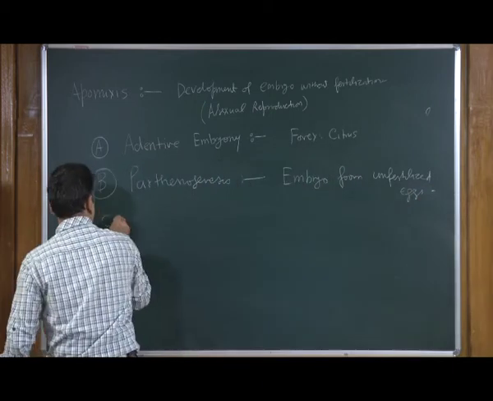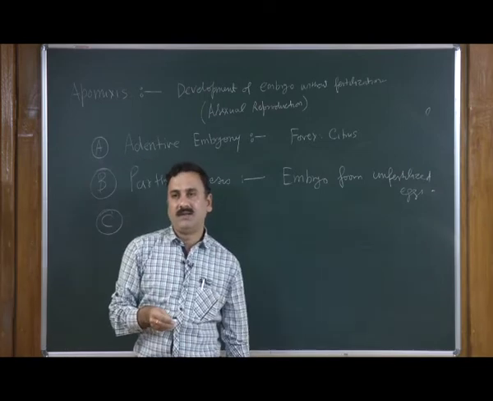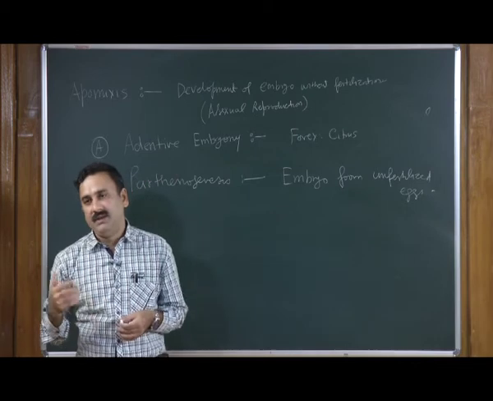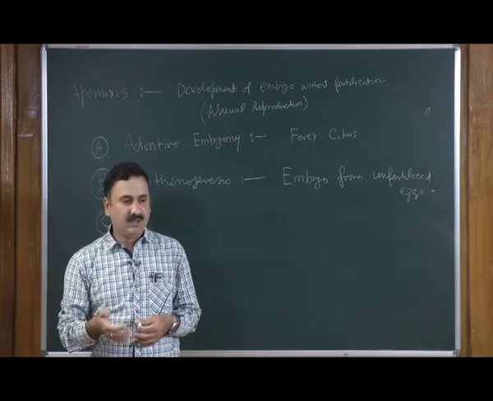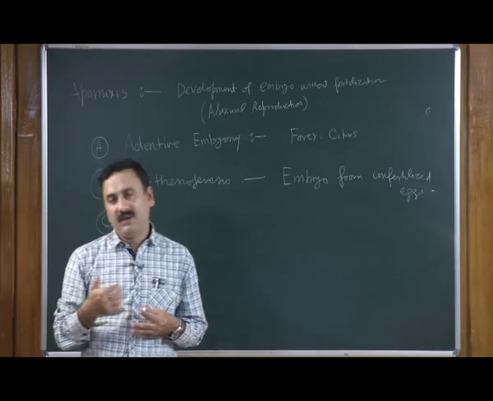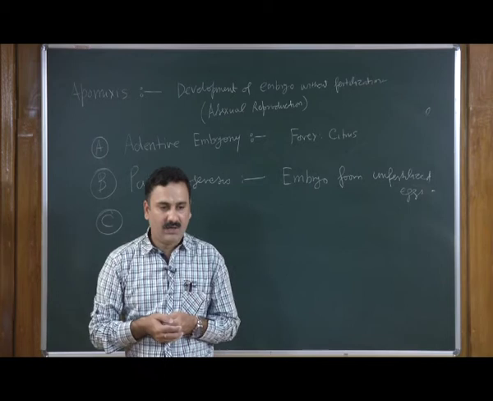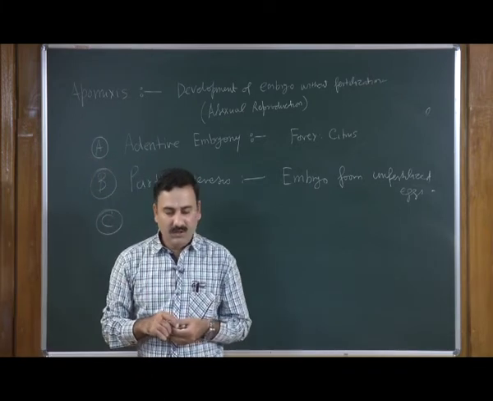Number C, it is called apospory or apogamy. In this case, the embryos are developed from any other cell present in the embryo sac without fertilization.